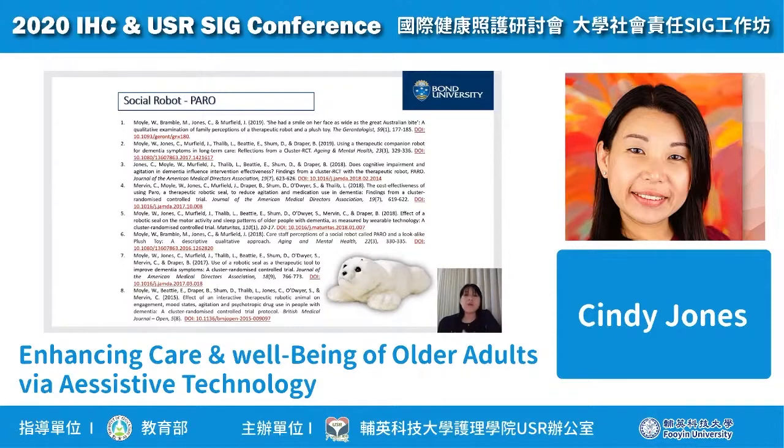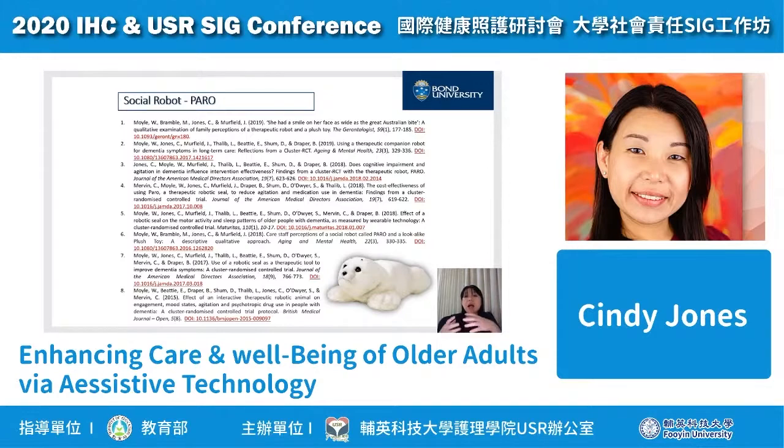Now, I'm very fortunate to be part of a team that was led by my mentor, Professor Wendy Moyle, where we actually got a large funding from the Australian Medical Health and Research Council, over $1 million, to conduct a multi-year randomized controlled trial in the use of Pyro on engagement, affect, and behavioral and psychological symptoms for people living with dementia in aged care.